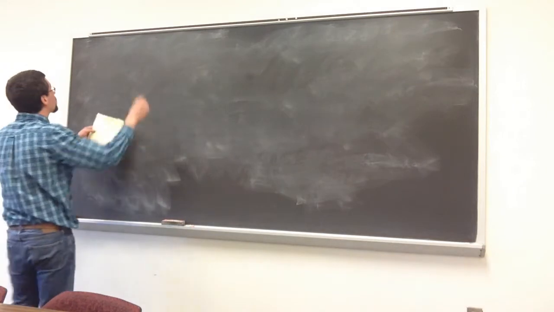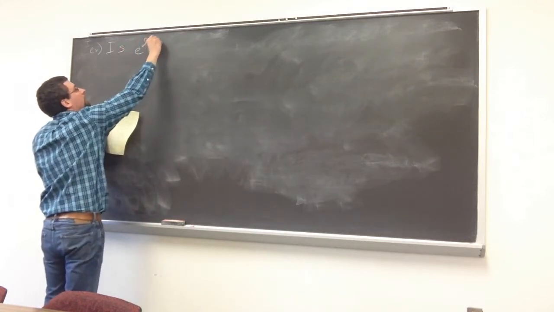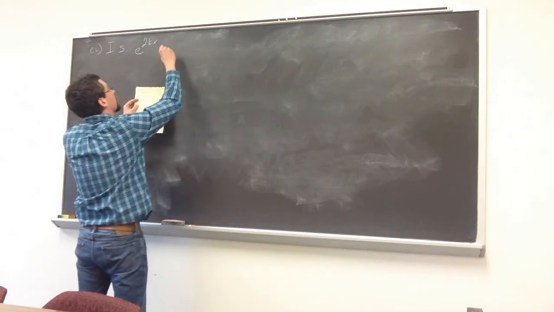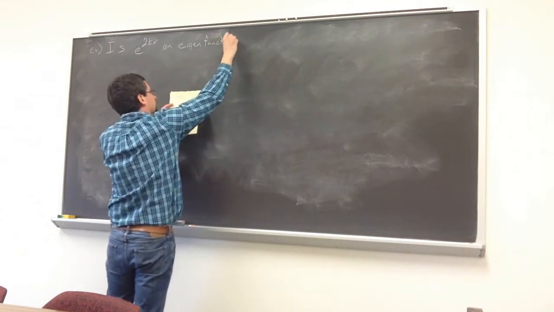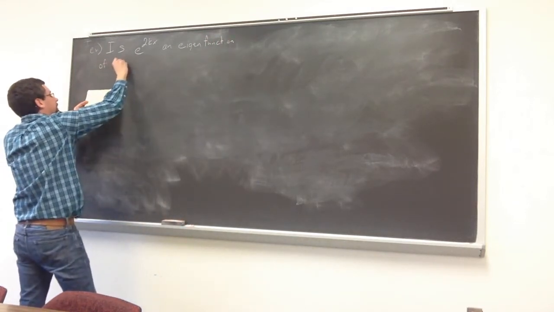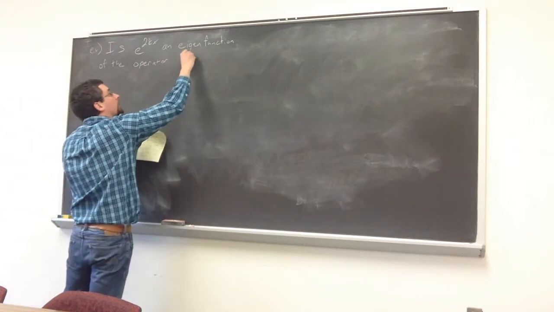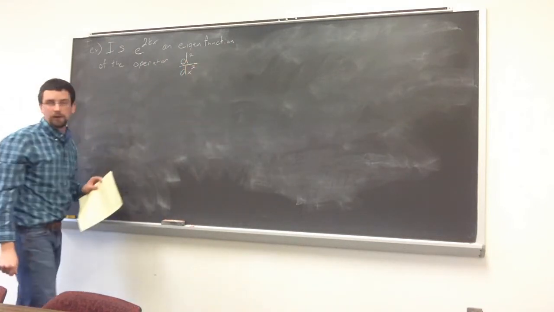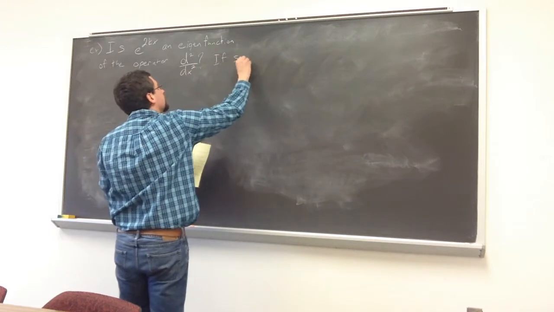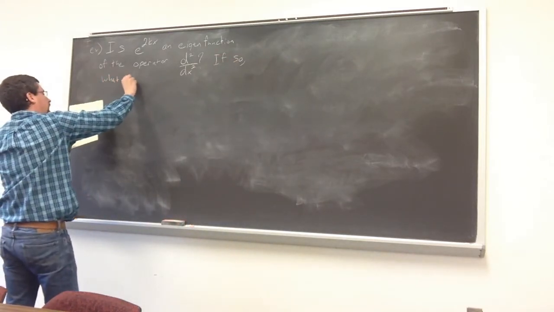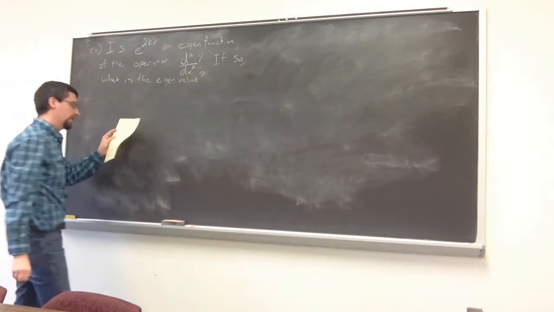So the first one we're going to ask is: is e to the 2kx, where k is just a constant, an eigenfunction of the operator d squared dx squared, the second derivative with respect to x? And if so, what is the eigenvalue?